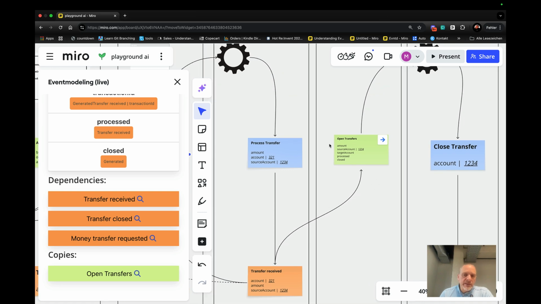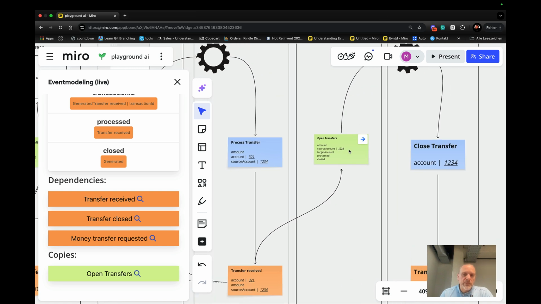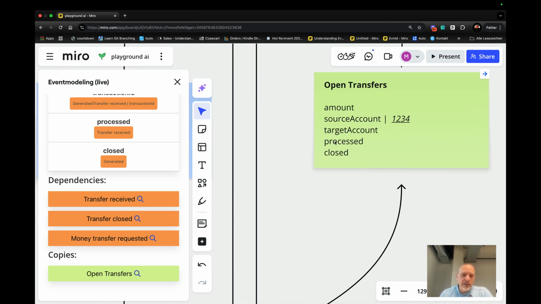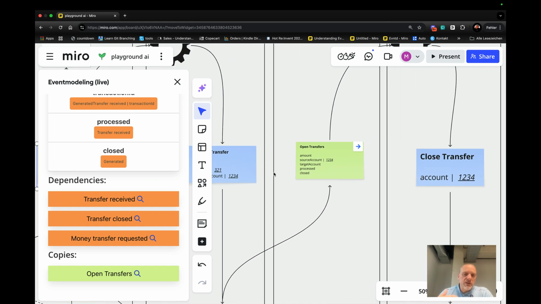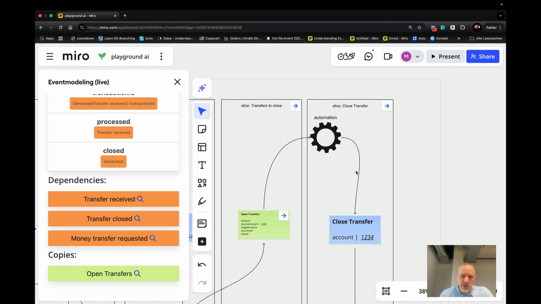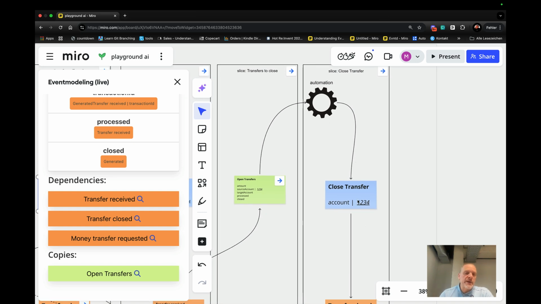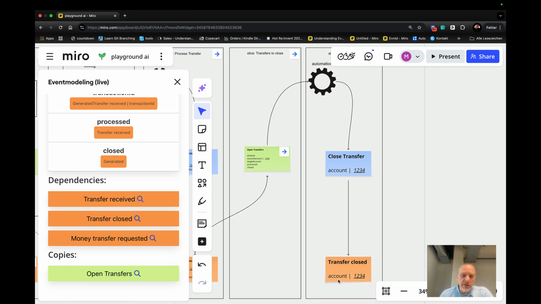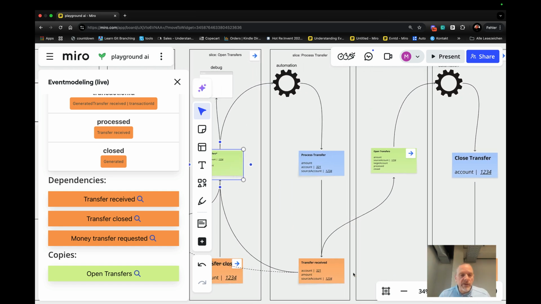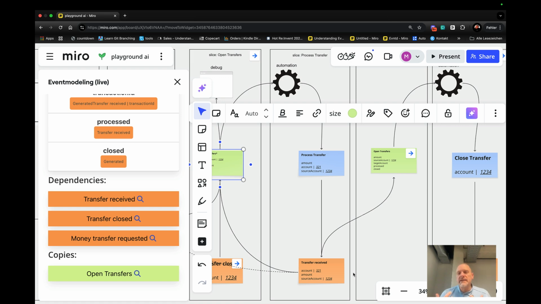The next thing that happens is we adjust the open transfers, because there are two flags in here, processed and closed, because if a transfer has been processed, we need to close it. There's another automation here which says close transfer if the transfer was successful. So we have another event here, transfer closed. This is how you move money between one account to another. I'm not a financial expert, but I guess technically it's basically what happens.